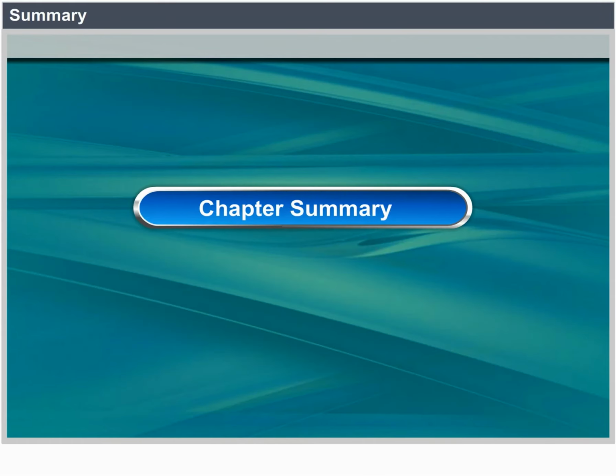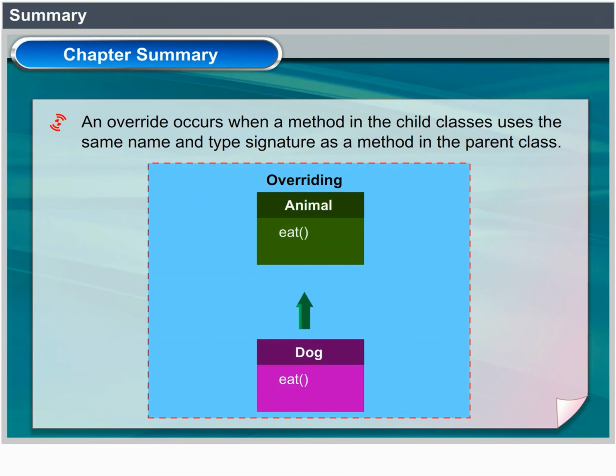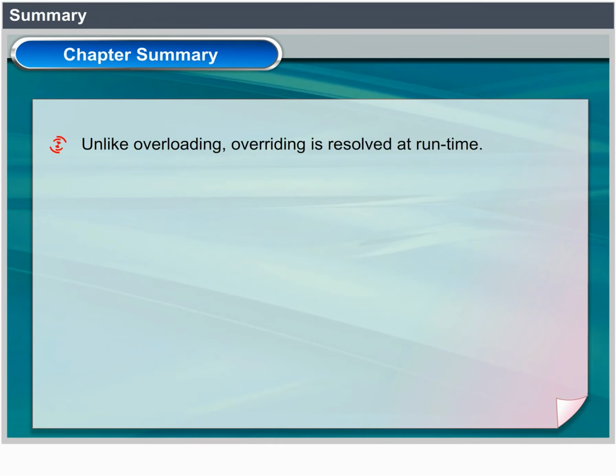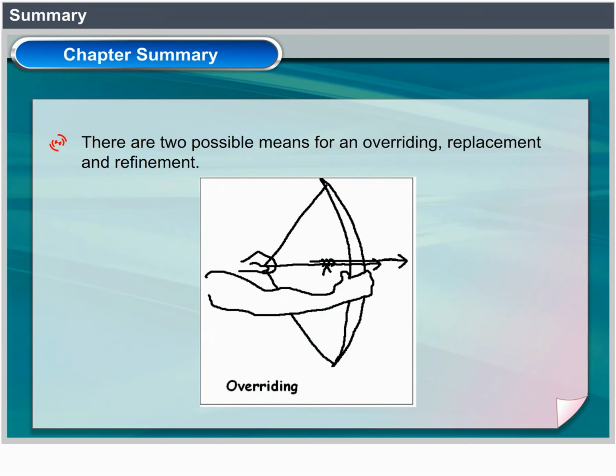Chapter Summary. An override occurs when a method in the child class uses the same name and type signature as a method in the parent class. Unlike overloading, overriding is resolved at runtime. There are two possible means for overriding: replacement and refinement.